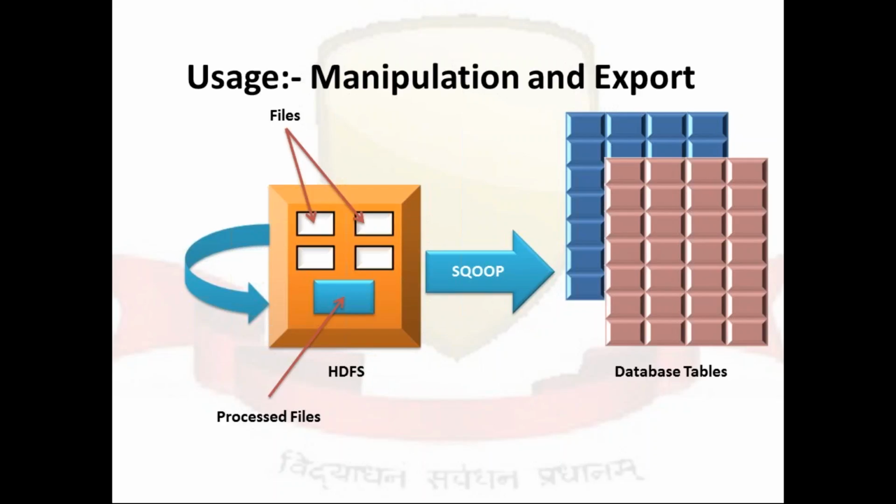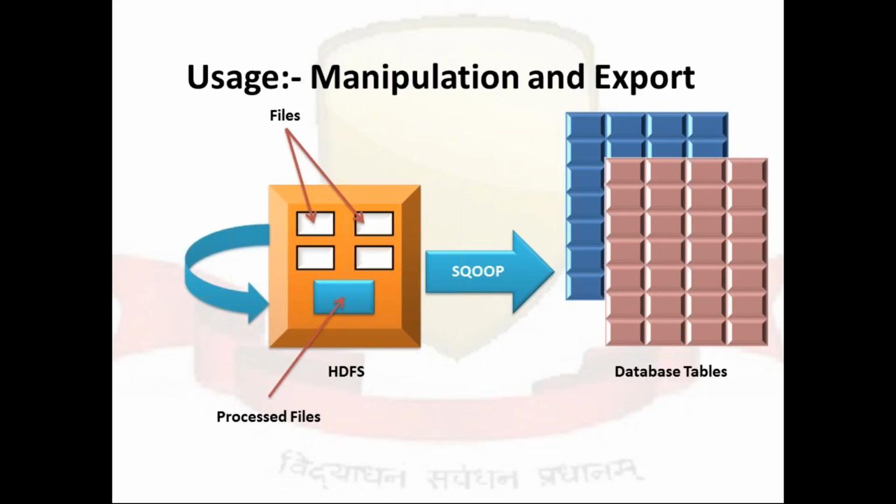Sqoop includes some other commands which allow you to inspect the database you are working with. For example, you can list the available database schemas, tables within a schema, and so on. Sqoop also includes a primitive SQL shell.